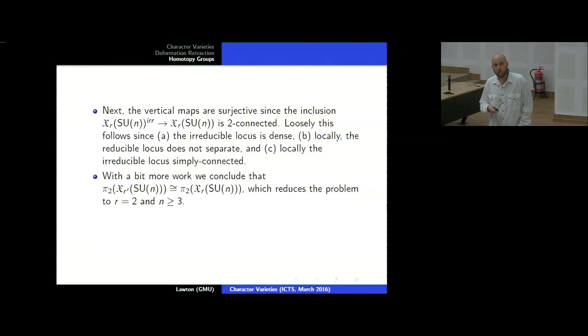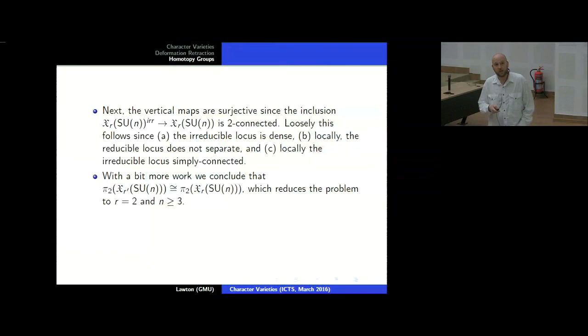Why? Because when n is 2, the Fricke-Vogt theorem allows us to show that this space is contractible, and so pi2 is trivial. The statement says if you figure out R equals 2, then you figure out all of them. So when n is 2, we know that pi2 is trivial, so now we know all the rest.